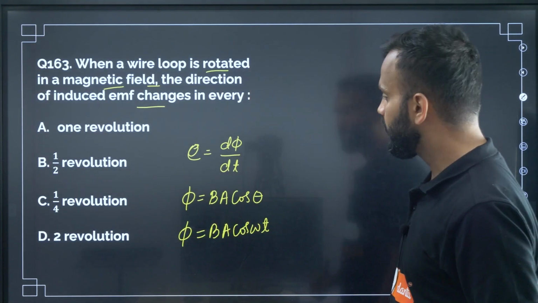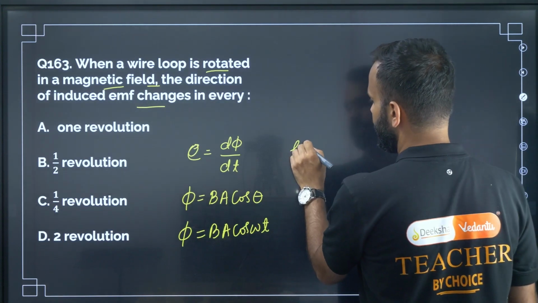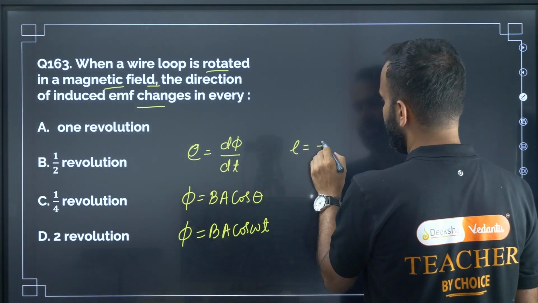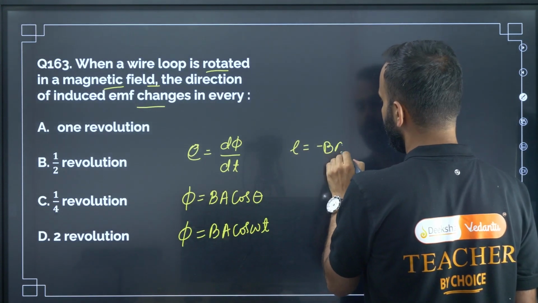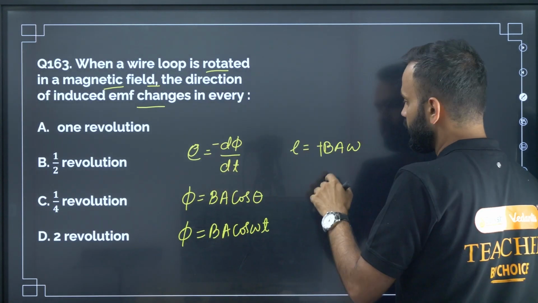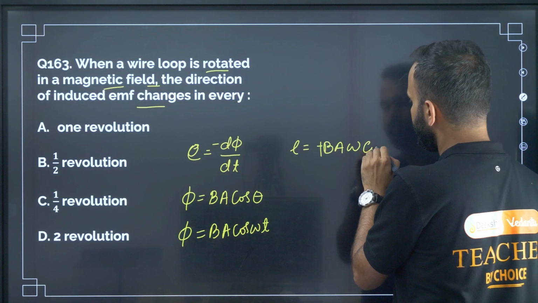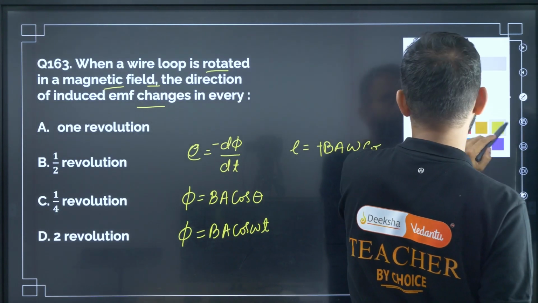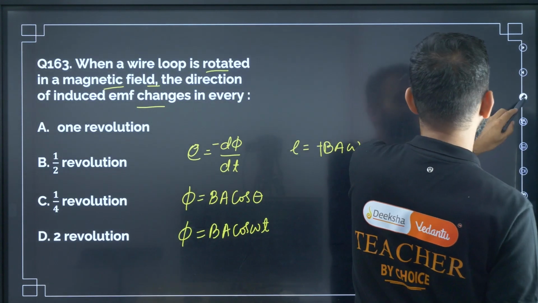Now differentiate phi with respect to t. Now E is equal to minus d phi by dt, minus into minus plus, so plus B A omega sine omega t.